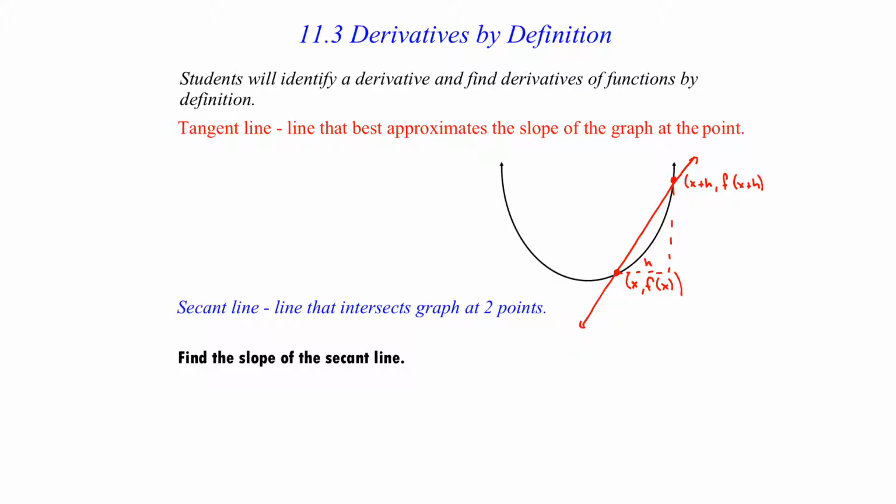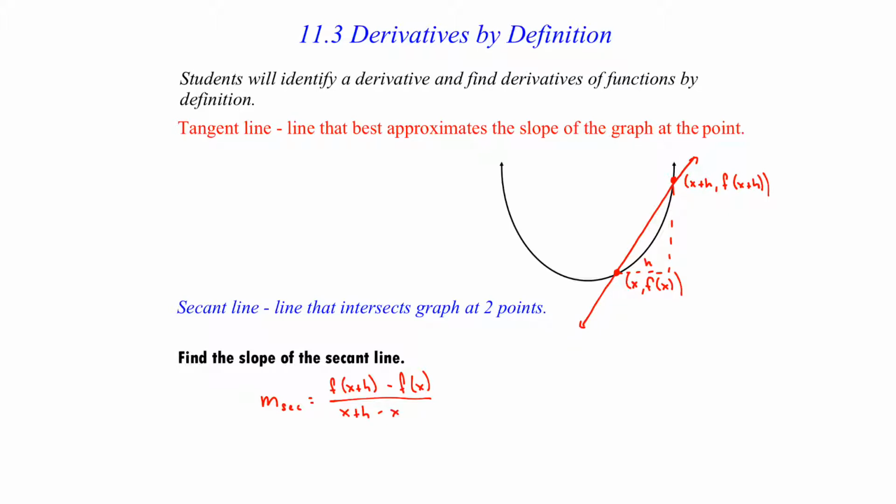And so what is the slope of the secant line? Well, the slope of the secant line, as we know, is the change of y over the change of x. So that would be f of x plus h minus f of x. I'm subtracting the y values of the 2 points. So f of x plus h minus f of x divided by x plus h minus x.